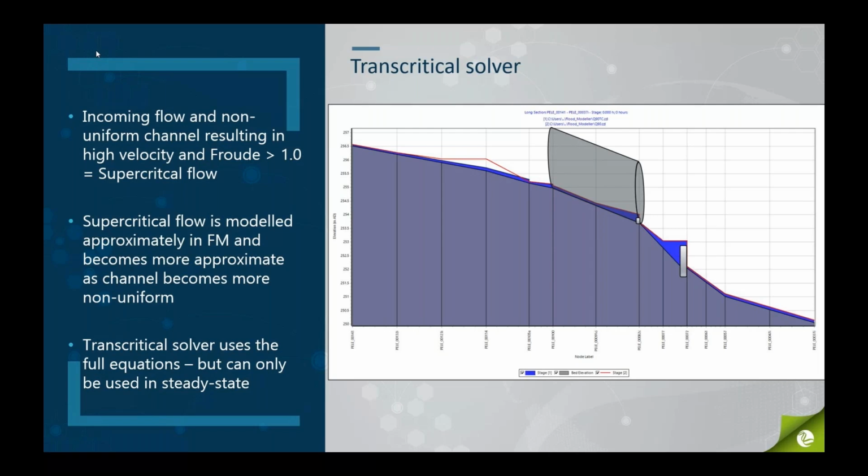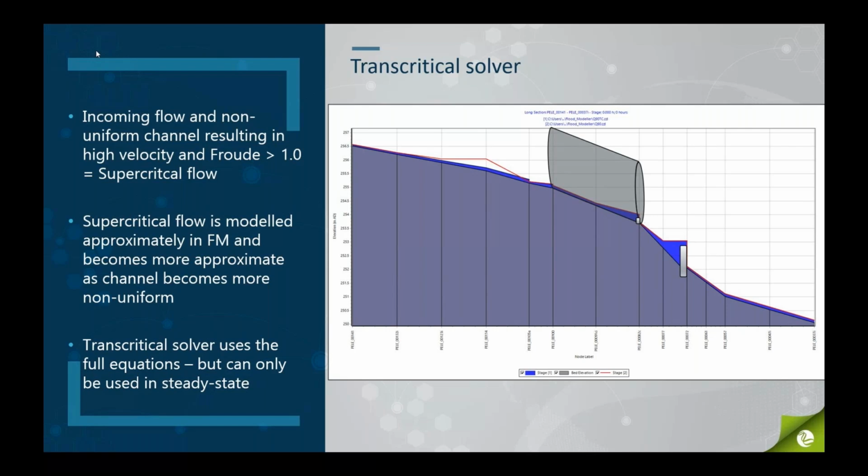So how does Flood Modeler deal with supercritical flow? Generally it approximates the answer, and most of the time that gives a perfectly acceptable answer. But when things become particularly non-uniform and you get some very high velocities, then that answer becomes more approximate and you can get some spurious results.